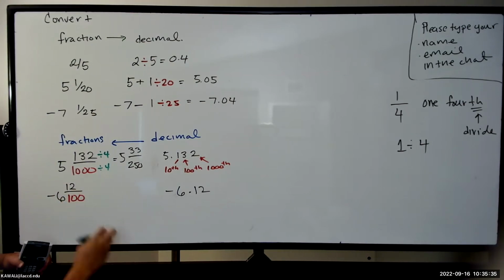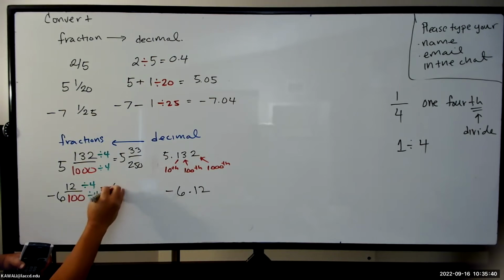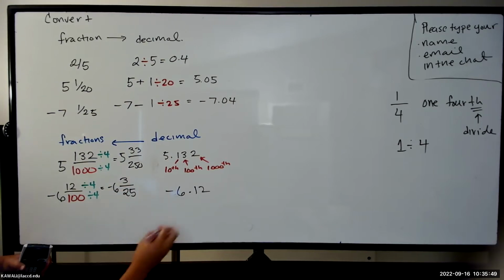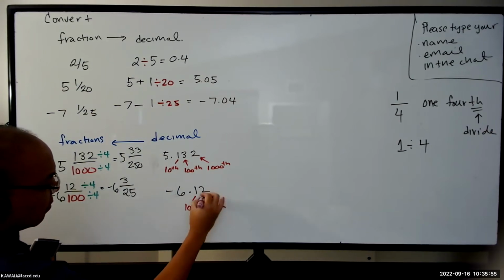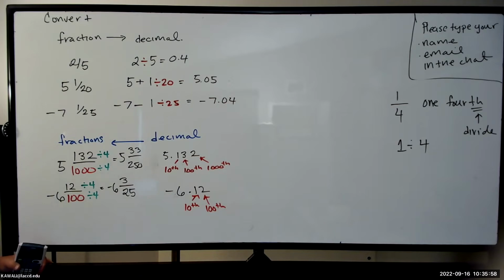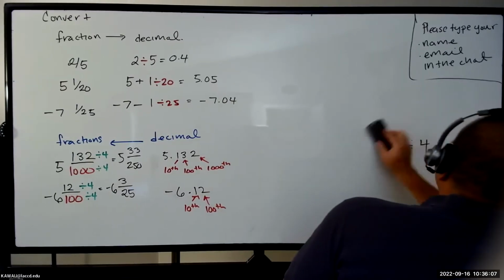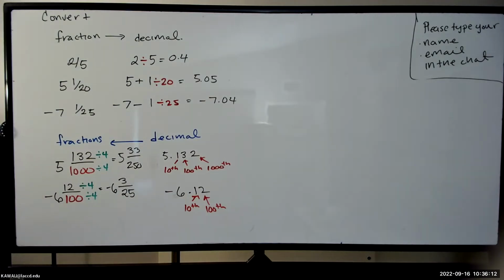Okay. Now let's simplify this. And we get -6, 3 over 25 like that. Okay. And the reason why is that this is our 10th. This is our 100th. Like that. Okay.